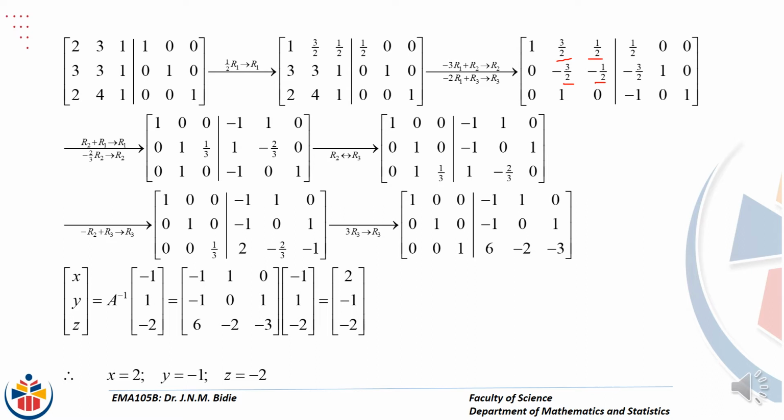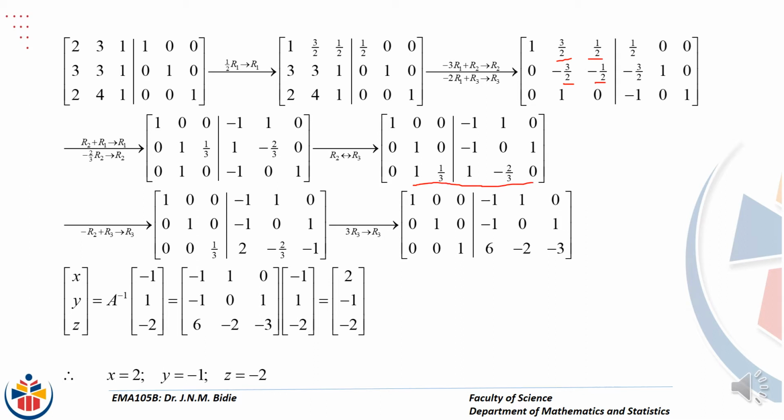So what we do is to interchange row 2 and row 3, because already row 3 has 0, 1, 0, which is supposed to be in row 2, so that we have that augmented matrix there.